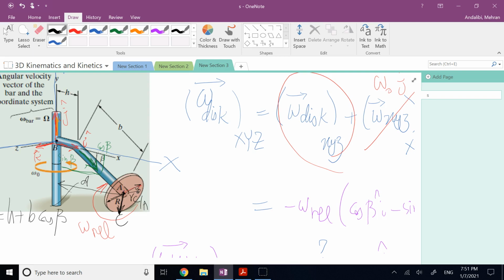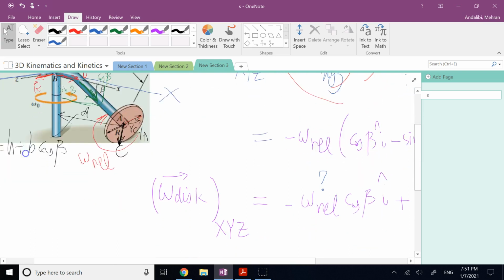Is that along the j-axis? The answer is no. The direction of this vector is perpendicular to the direction of this bent member. So this r has some component along x, and some component along y. So it's not pure y, it has some x and y.